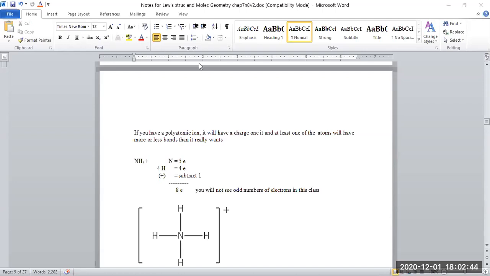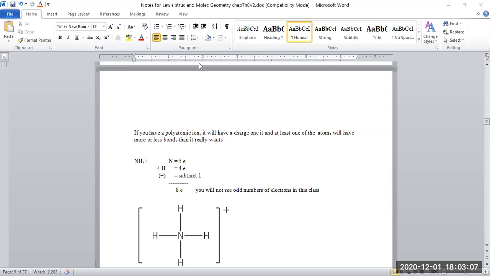I've got 4 hydrogens, so 4 electrons, because remember, we're only talking valence electrons here. Once this was assembled, one of the electrons went missing. It got stolen by somebody else. And that means I have 1 less.